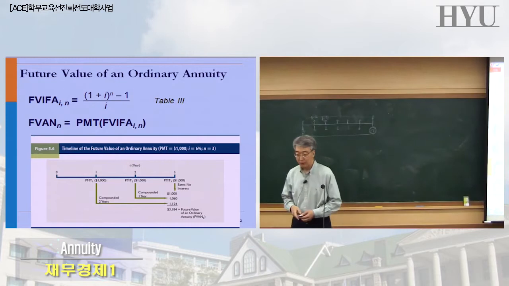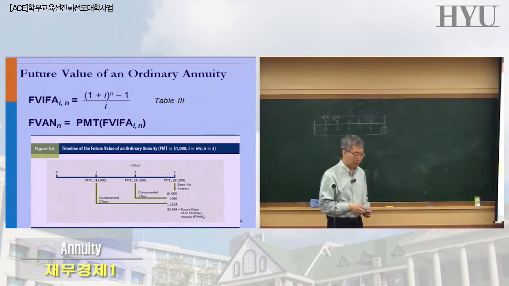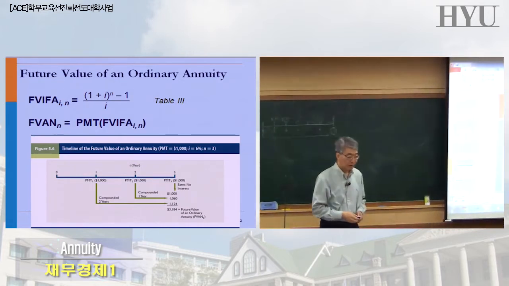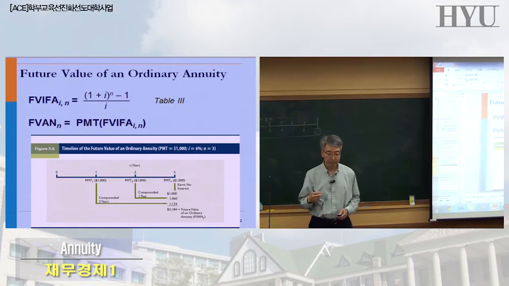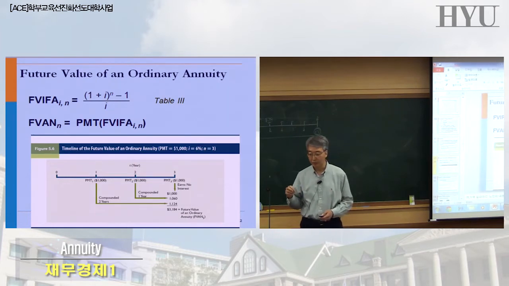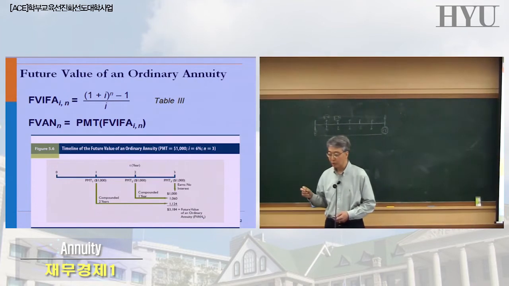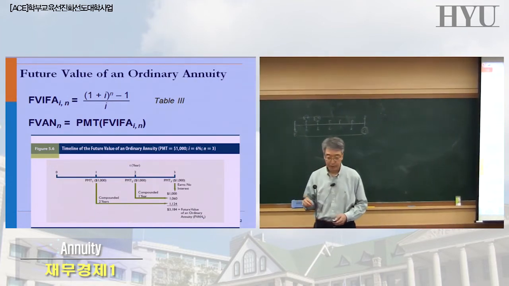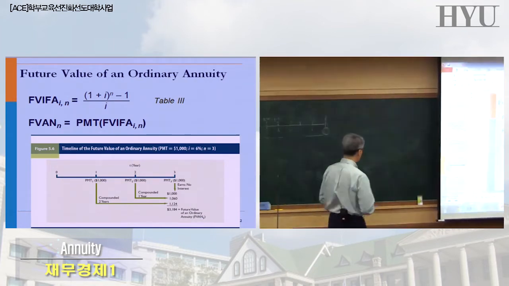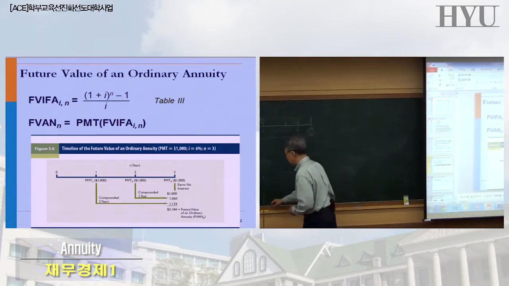So when you are young, when you work, typically every month when you get paid your salary, the company would take away a small portion of your paycheck and deposit it into the pension system. So that will be a cash outflow in that case.